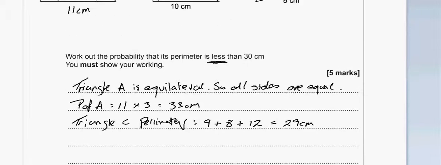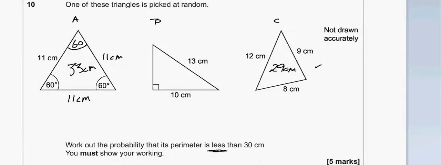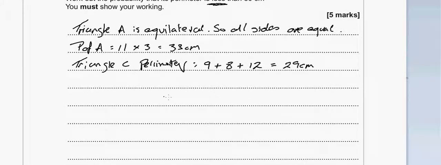Now we need to find triangle B. So for triangle B, it's a right angle triangle, so I can use Pythagoras. Okay, so A squared plus B squared equals C squared.